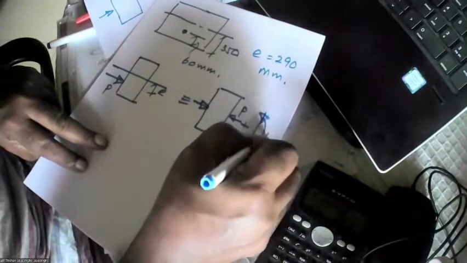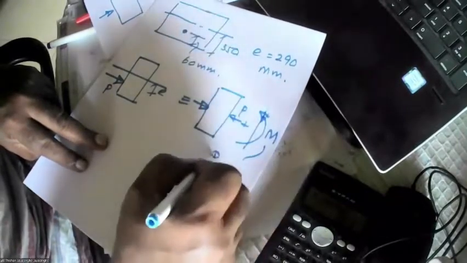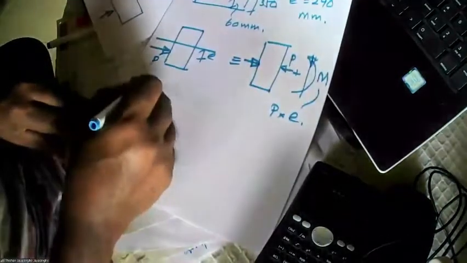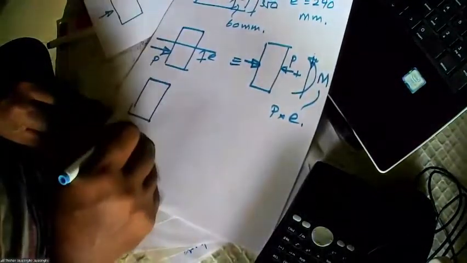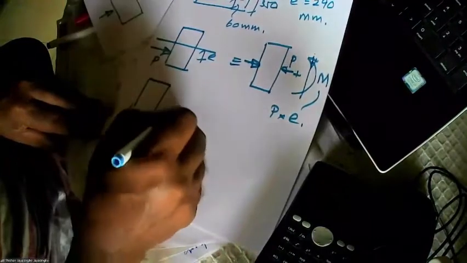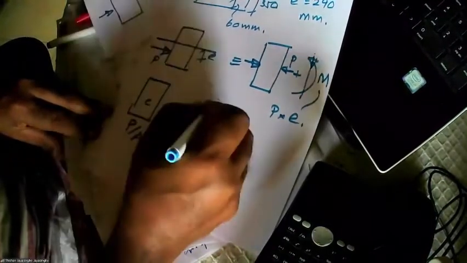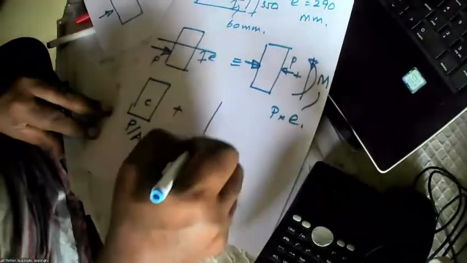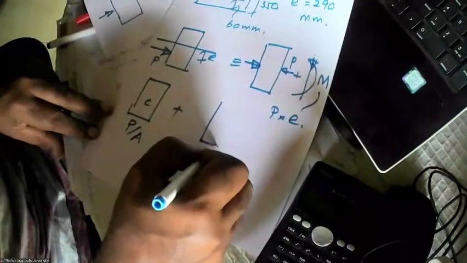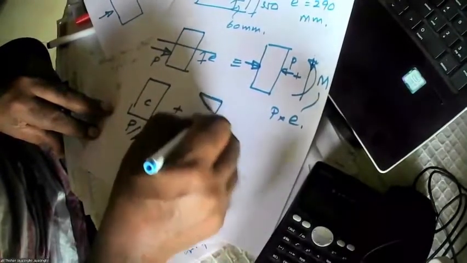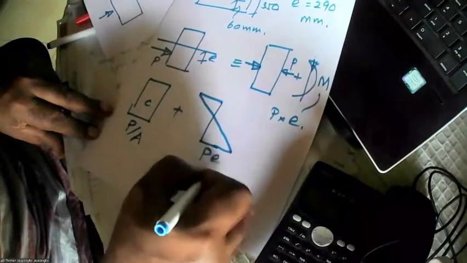Apply it this way: moment equal to P times e. Now what happens? We get this stress, P over A, plus this compression, positive. Then you get compression at the bottom, so positive. You get P e over Z.